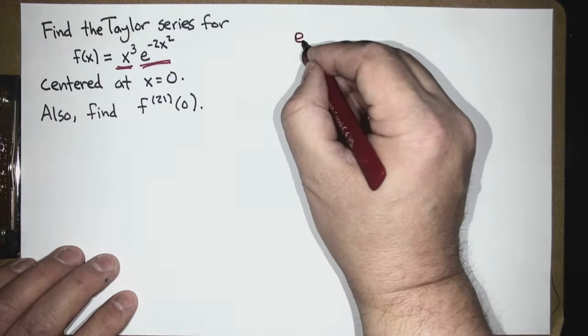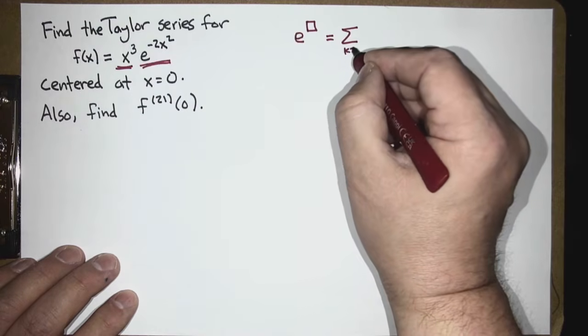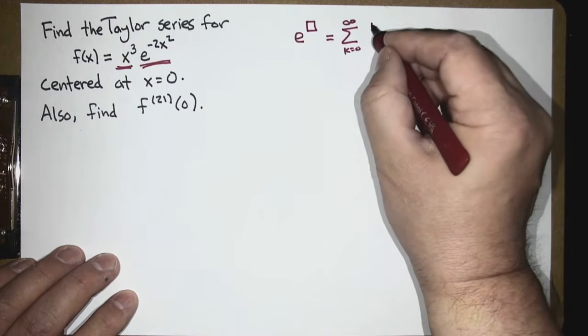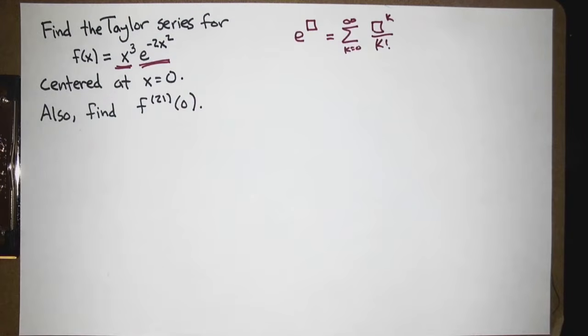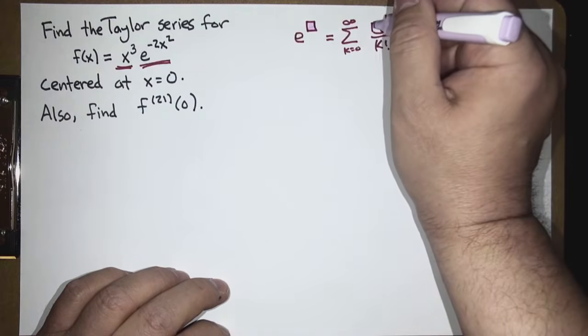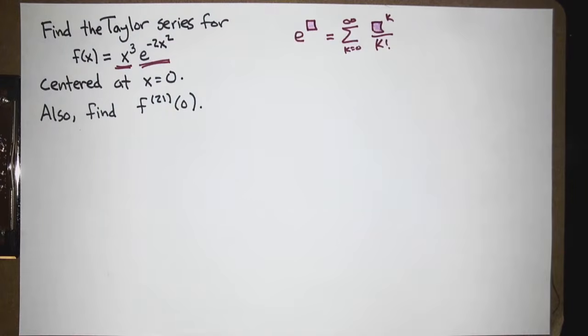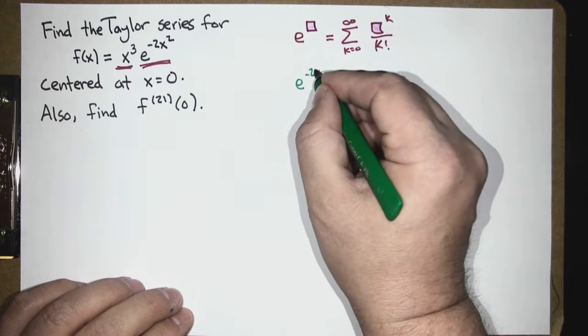Now we look in our notes and we say, well, e to the something is the sum, 0 to infinity, of something to the k over k factorial. Now, in the actual formula sheet, it doesn't say a box. It uses a letter. I wish it had used a box. But that's what we have for the exponential function. So with that in mind, what is e to the minus 2x squared?